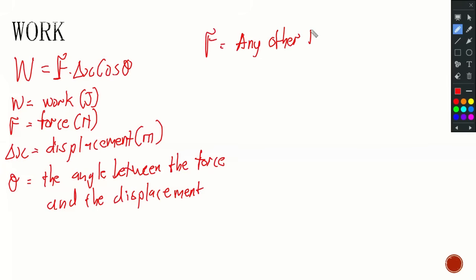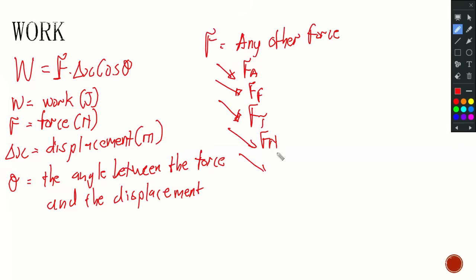It is not specifically the applied force. So you can have your F being represented by the force applied, by the frictional force, whether your kinetic frictional force, most of the cases, by the tension force, or the normal force, or the gravitational force, right? So it can be any other force that we will be working with.